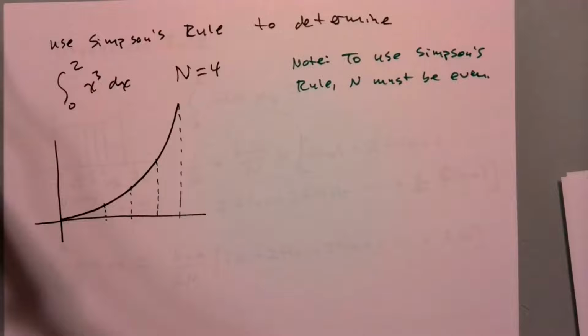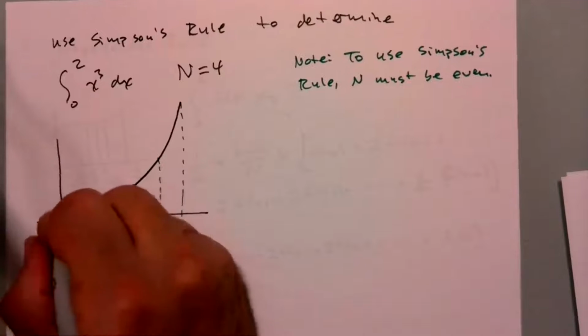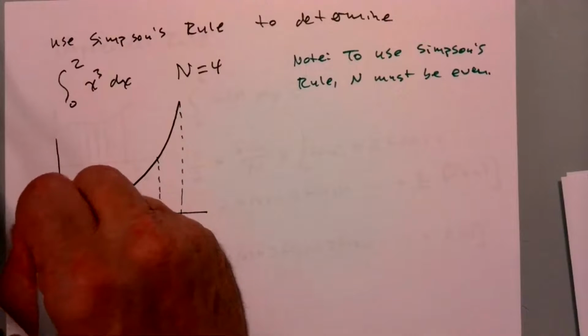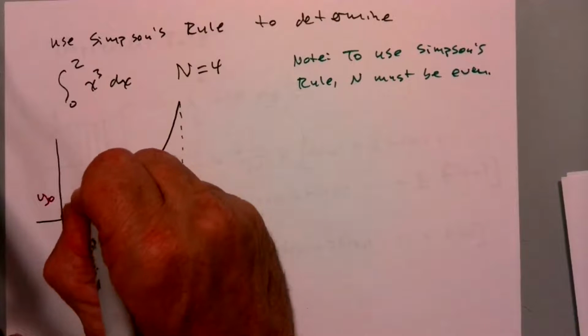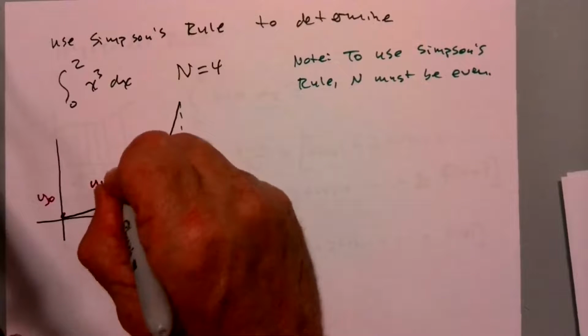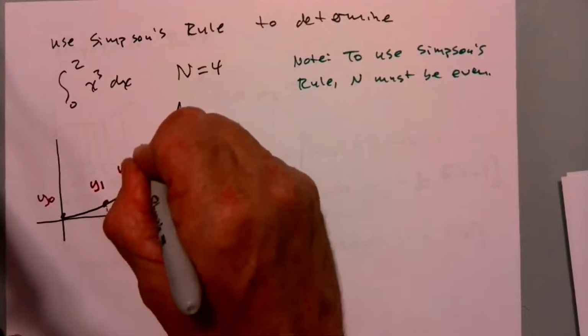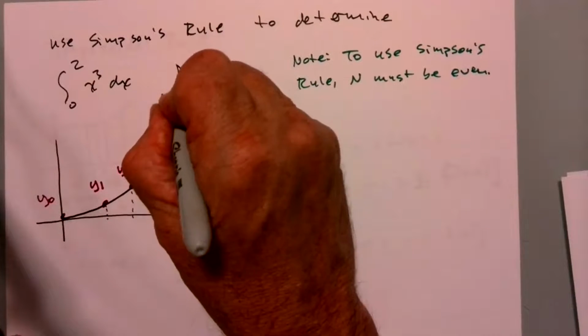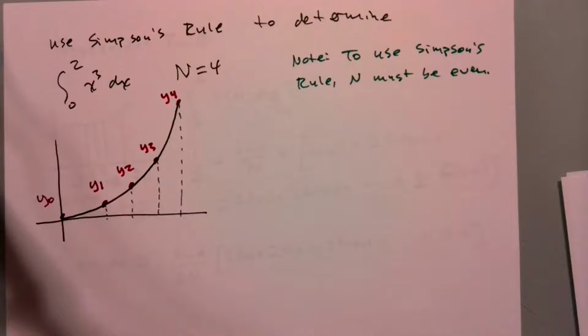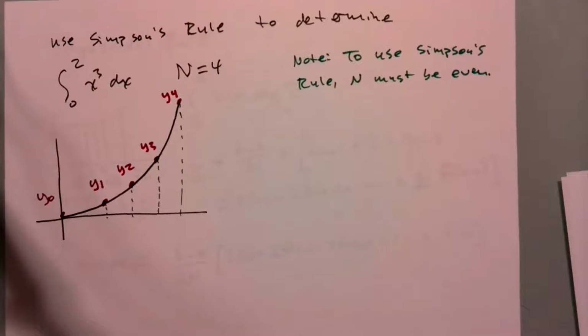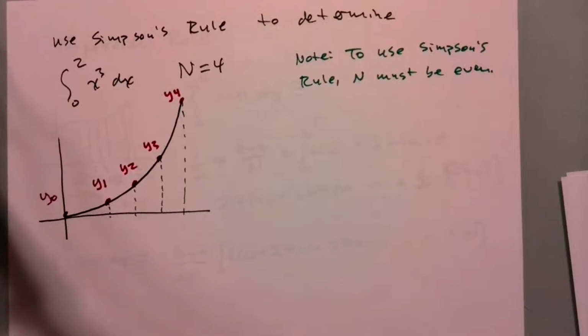I have 5 y values that I'm going to work off of. Right here, that's y sub 0. This guy is y sub 1, this guy is y sub 2, this guy is y sub 3, and this guy is y sub 4. So that's the value of the function at the endpoints. But if we had trapezoids, the left and right sides of the trapezoid would give us those. So what is our formula? What are we going to take a look at?